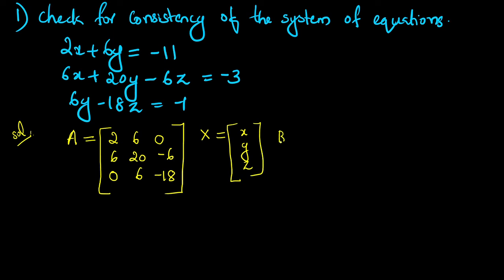And matrix B is formed by the elements towards the RHS of the equation: minus 11, minus 3, minus 1. Then our matrix equation is Ax equal to B. Therefore, we can substitute the corresponding matrices and write it in the equation form.